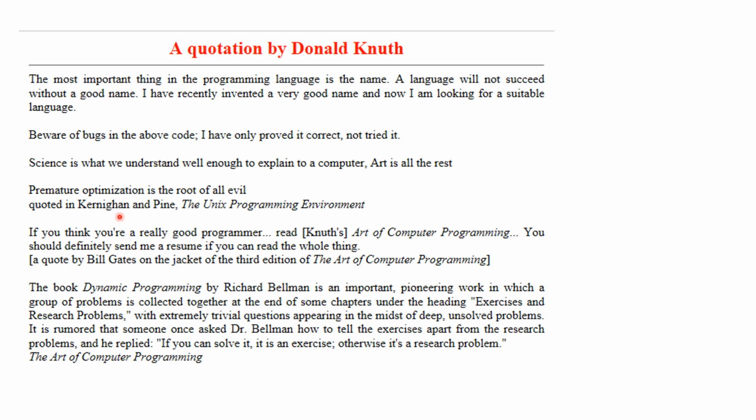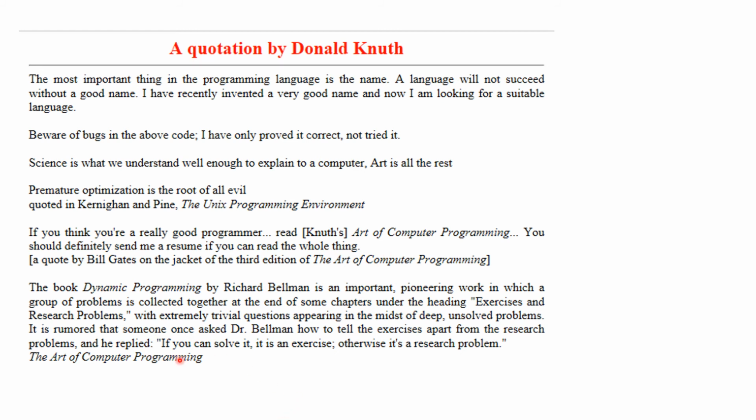Kernighan, who was one of the co-inventors of the C programming language at Bell Labs, quoted Knuth in his book about the Unix programming environment. Bill Gates said, if you think you're a really good programmer, read his book, which is called The Art of Computer Programming. You should definitely send me a resume if you read the whole thing. It's quite an opus, and I encourage you to maybe check it out in a library or something like that.